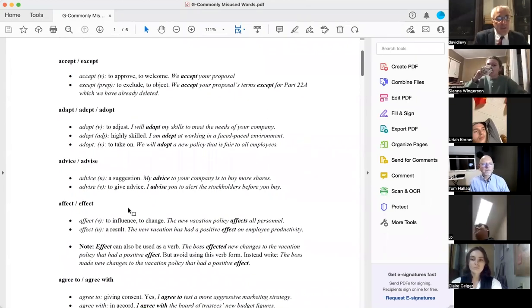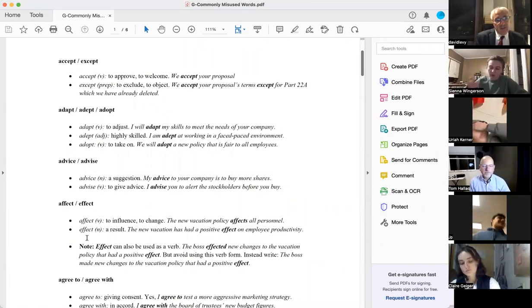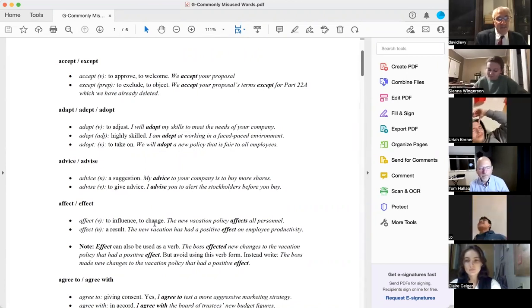So the difference between affect and effect: affect with an A is a verb, effect with an E is a noun. Affect as a verb means to influence, as in a sentence like this: the new vacation policy affects all personnel. Effect is a noun.